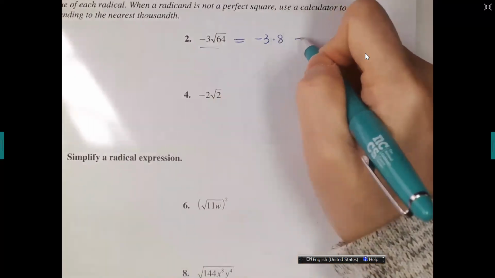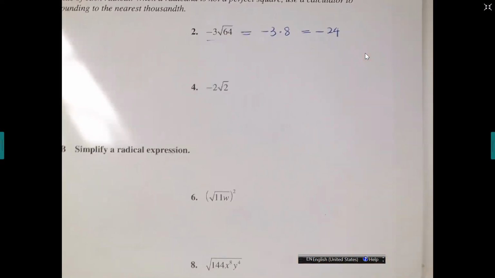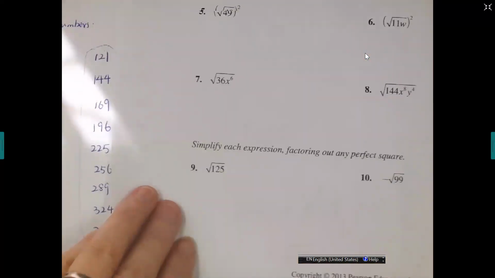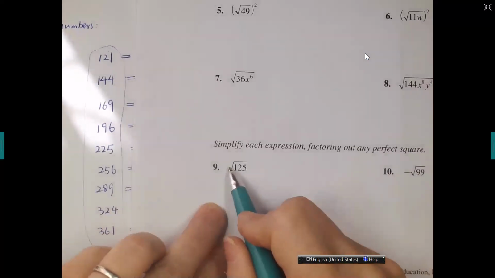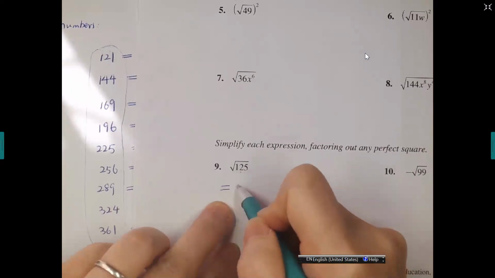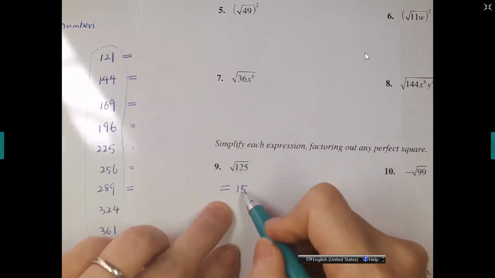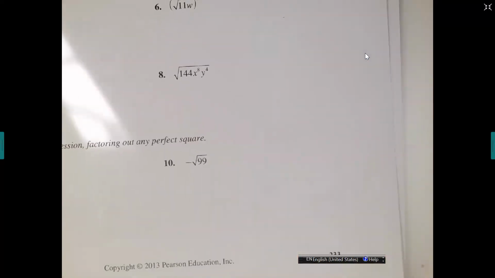And then that's negative 24. So this is the first type of the problem. And then if we see one here, simplify this one. The square root of 225 equals what? Equals 15, because 225 equals 15 squared. And okay, so here the problem will be getting a little bit harder.